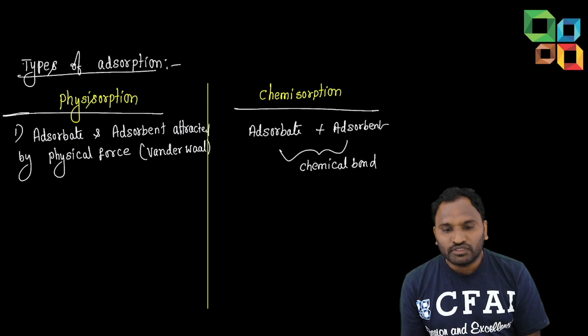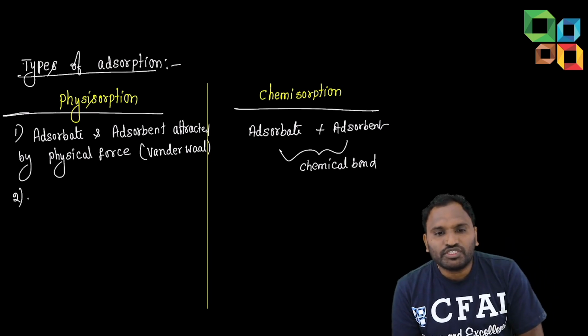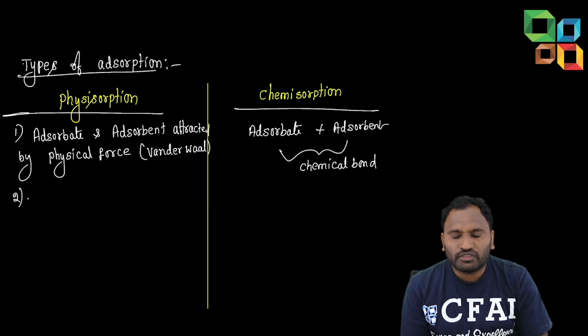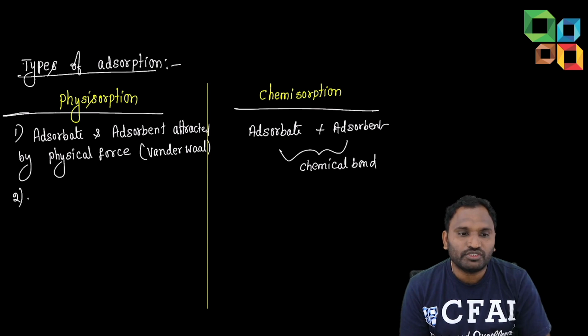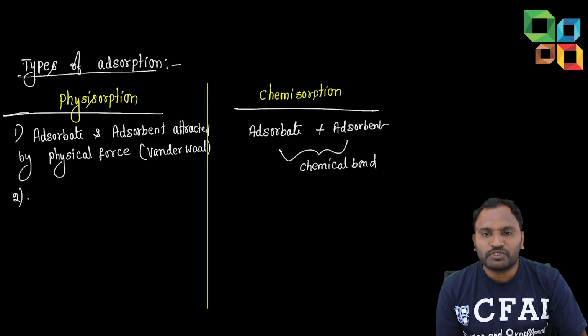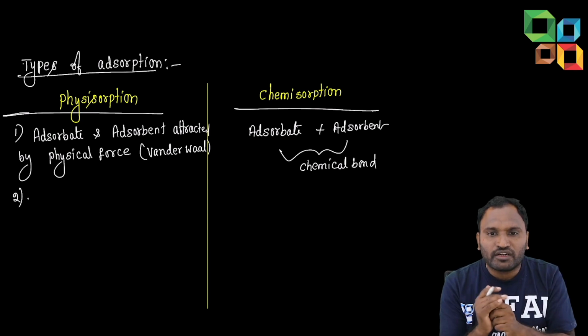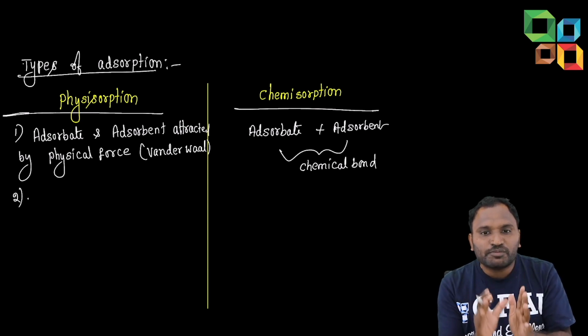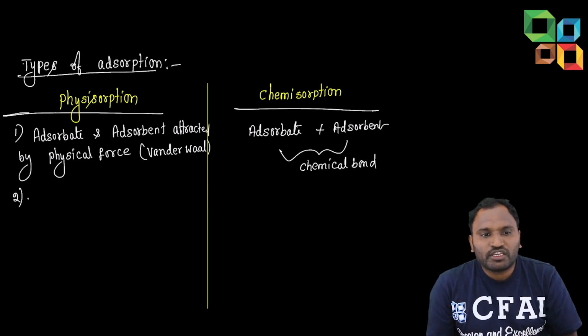According to you, which is selective, students? Which is specific in nature? Which is more specific in nature, physical adsorption or chemical adsorption? Specific means only a particular adsorbent can combine.